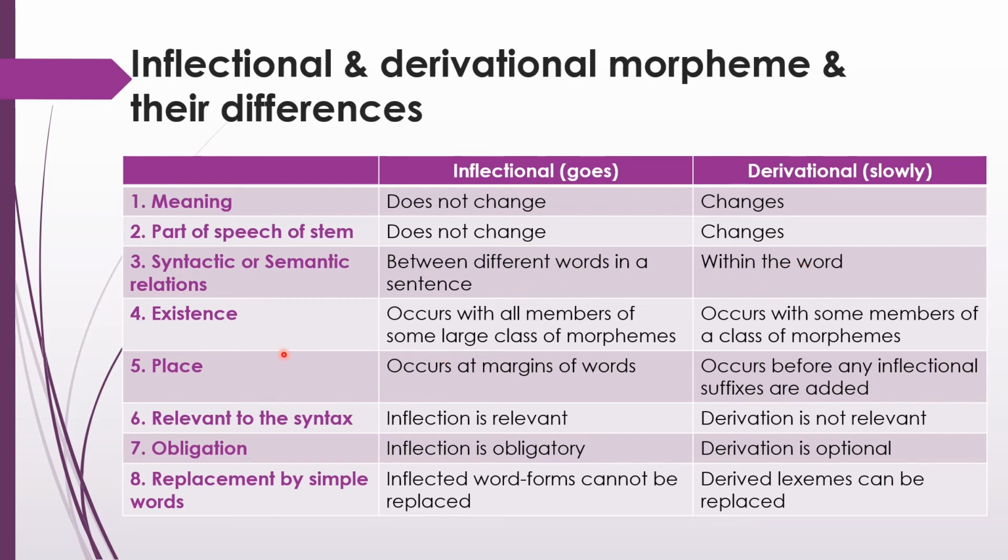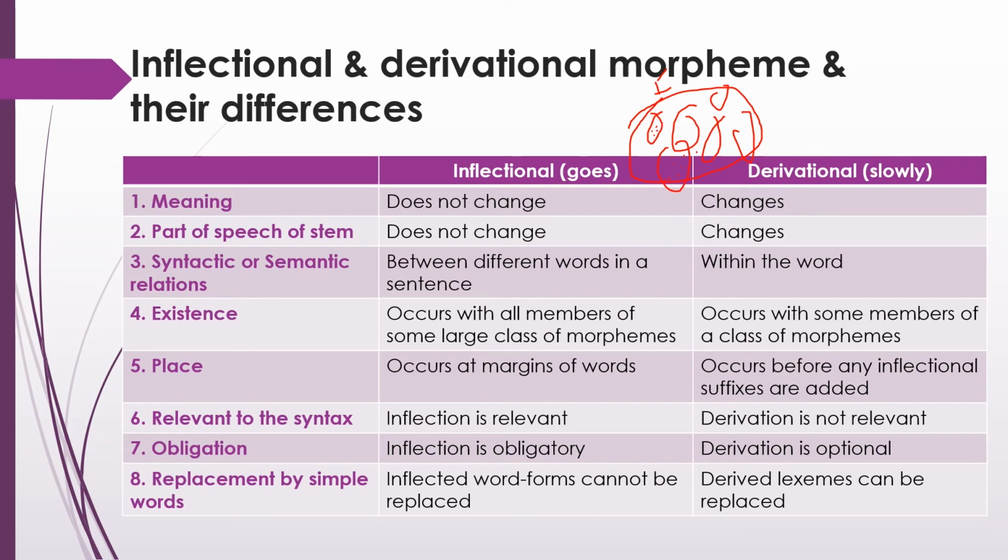Existence: occurs with all members of some large class of morphemes. All members of some large class of morphemes. So let me draw a diagram. For example, this is inflectional morpheme. We are hearing that it occurs with all members of some large class of morphemes. So there are large classes of morphemes in there. There are large classes of morphemes in inflectional, and here you will have some other morphemes in this large class.